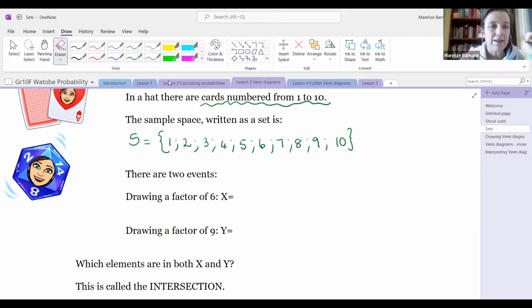Watobians are listing nicely, but there's one that you are forgetting. An important factor of 6 that we are leaving out is 1. So 1, 2, 3, and 6. Those are all factors of 6.